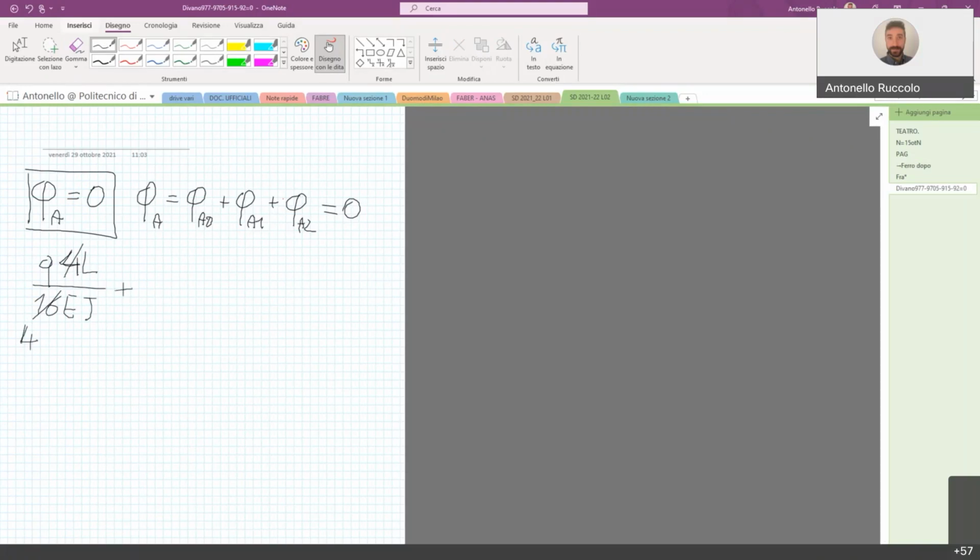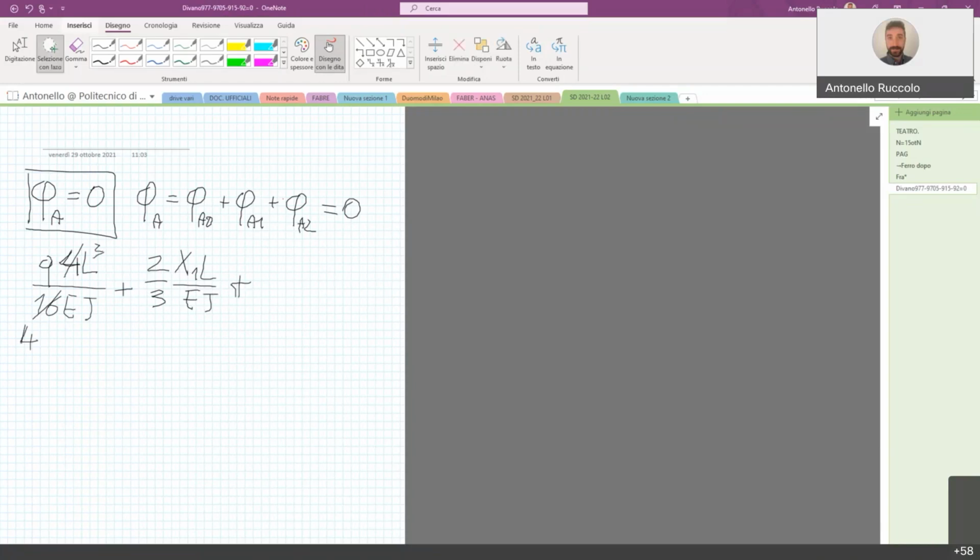plus phi A1. Phi A1 was equal to x1 L over E iota, sorry, it was QL times 2L to the power of 2. So okay, yeah, you're right, maybe it is QL to the power of 3 up here. Thank you.